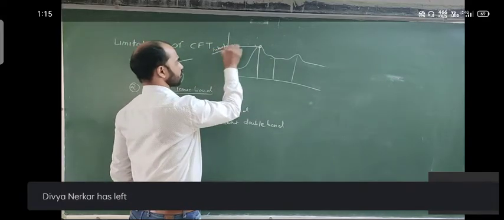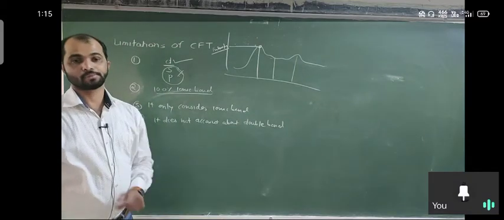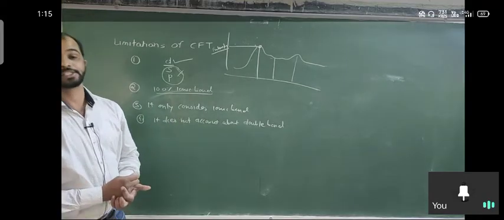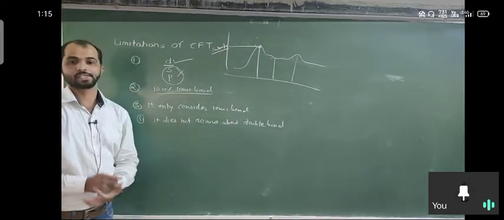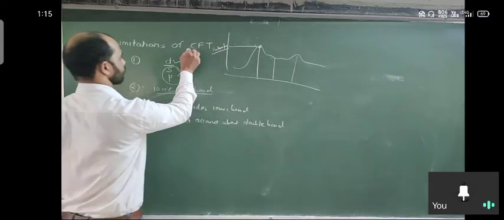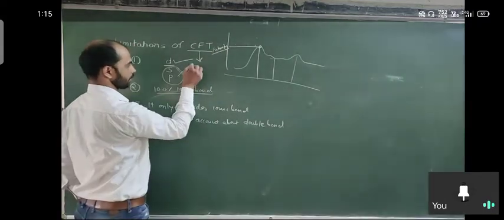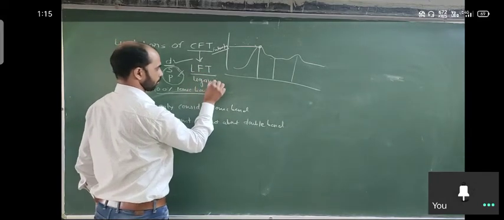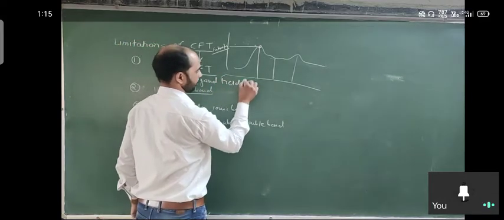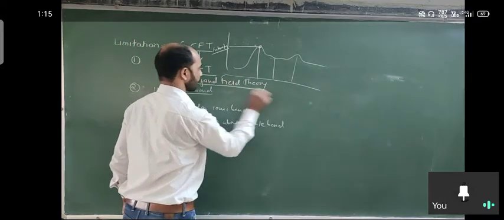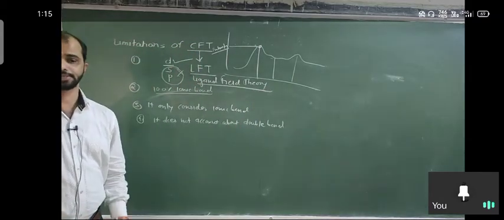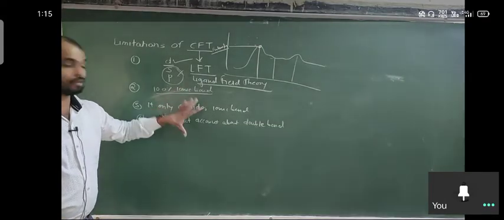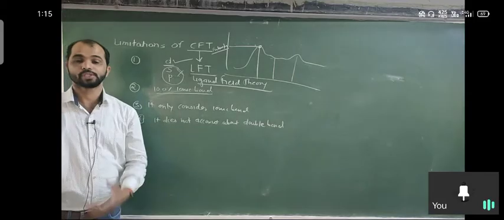The intensity of the absorption band is not explained by the CFT, but the next theory used to overcome this limitation is ligand field theory, the modification of this theory. Ligand field theory is used to explain a number of things, because if covalent bonding is present in the complex, it is very helpful to know a number of properties.